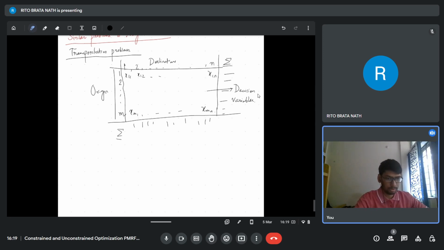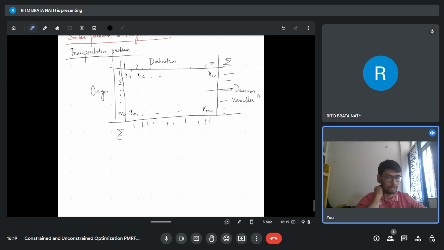And there is this concept of a balanced transportation problem. So if the quantities that you are transferring from all the origins, if you add them up, and the quantity you are delivering to all the destinations, if you add that up as well, and if that is equal, that means this is a balanced problem.